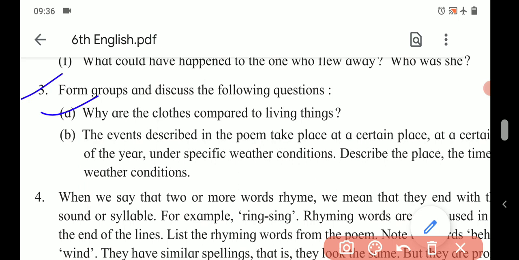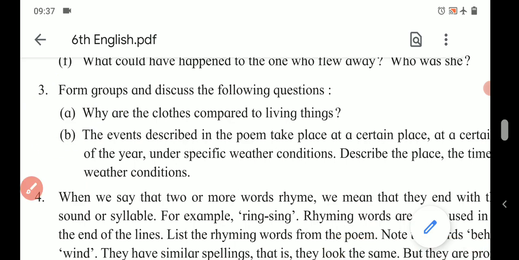So, what can be the answer? The clothes are compared to living things because they dance, move hither and thither, flutter, shiver, and skip, and they struggle for freedom, so they are compared with living things.